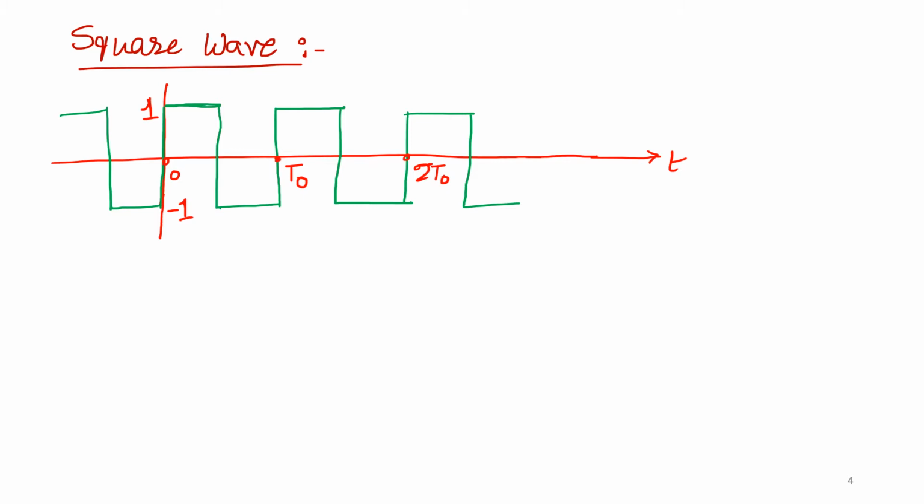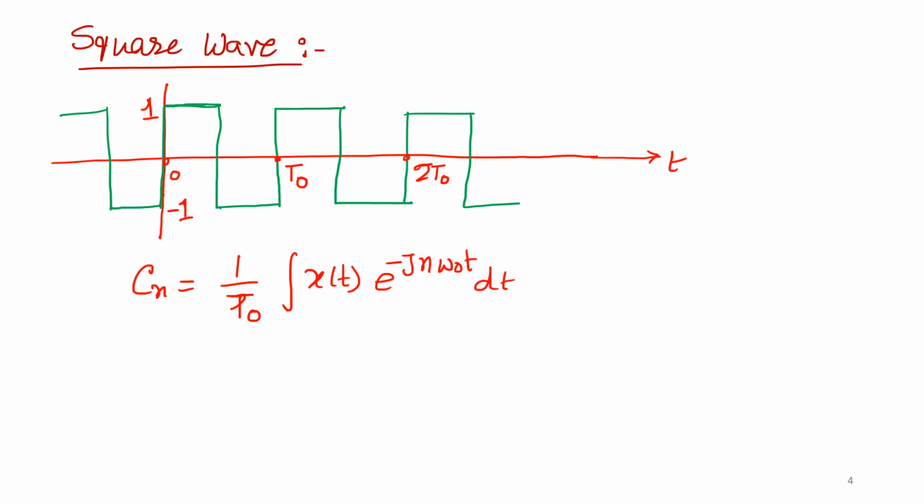You know that Cn is 1 upon T naught integration x of t e to the power minus j n omega naught t dt, for one time period.